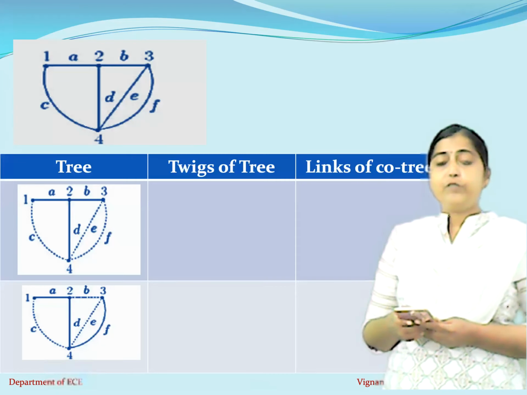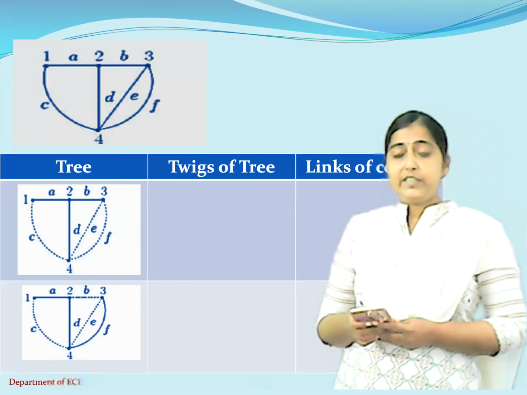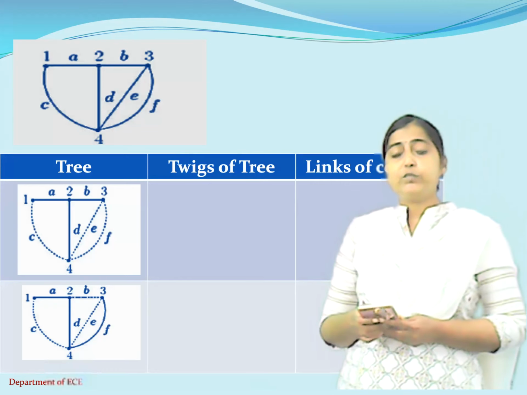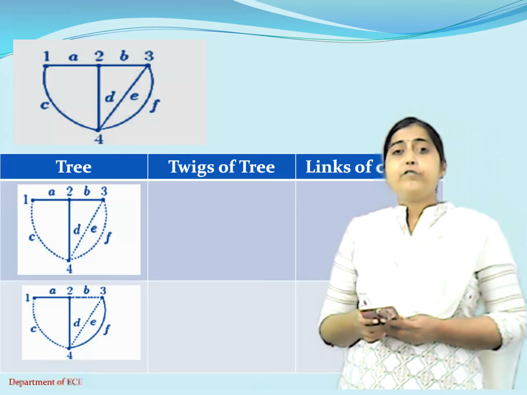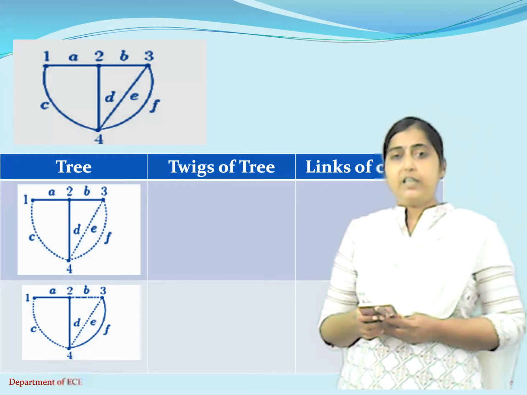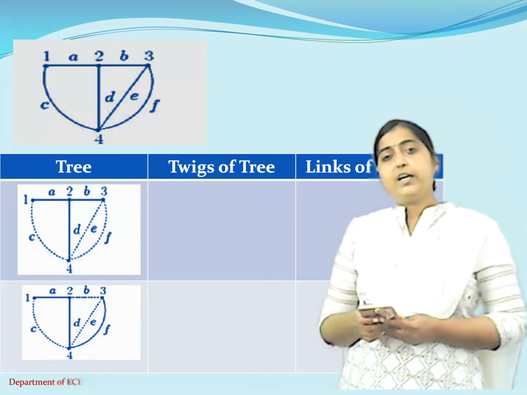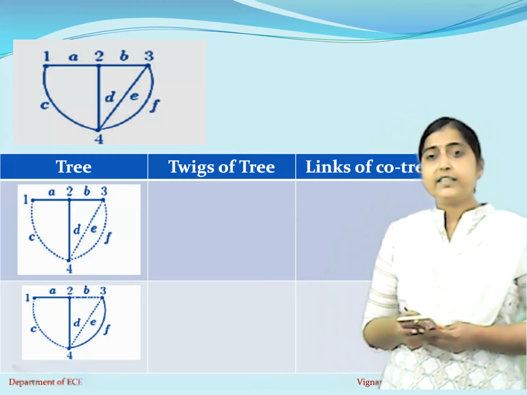For example, if you consider this graph, the first figure which you see here, we call it a graph. Then in this graph, from these loops 1, 2 and 3, I am removing one particular branch each, so that it will become a tree. The branch which you have removed, we call a twig.